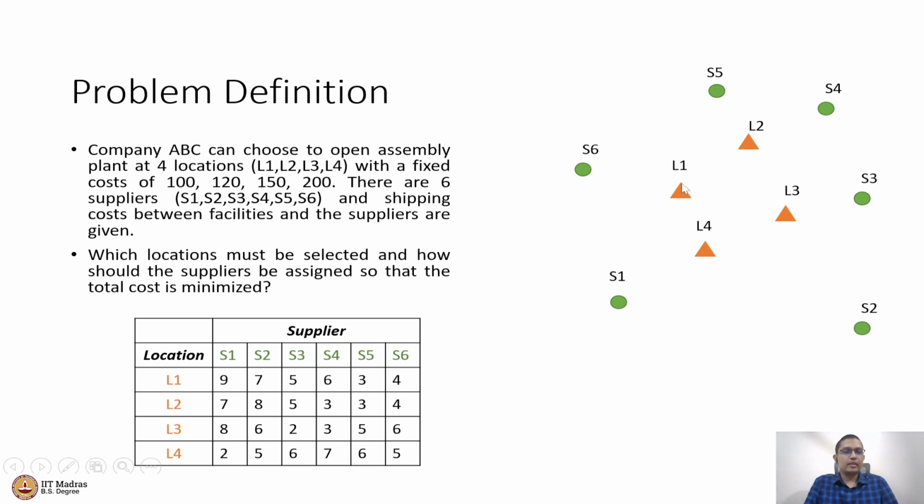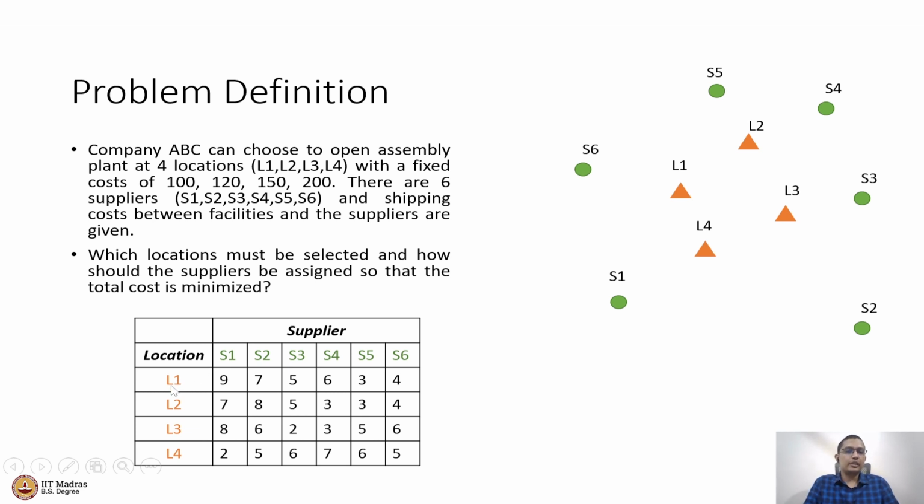So let's say that L1 is assembly point and they have suppliers S1, S2, S3, S4, S5, and S6. We assume that all the suppliers are going to deliver the same product with same cost, quality, and so on. So the only differentiation between suppliers is the shipping cost. So let's say that S1 is delivering to location L1.